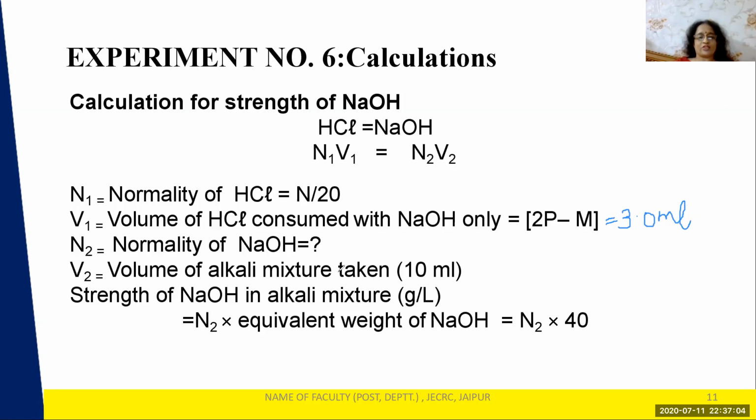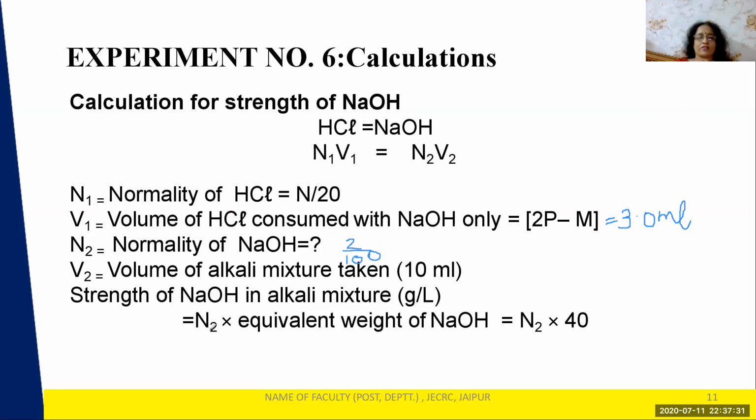Volume of alkali mixture taken is 10 ml. So by using these values, this normality of NaOH comes out to be 2/100. So we will use the value of normality of sodium hydroxide in calculating the strength of sodium hydroxide in the given alkali mixture.